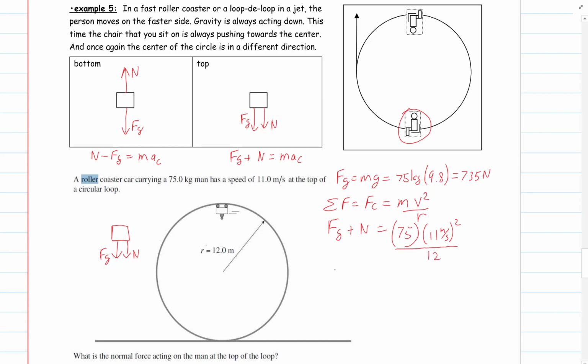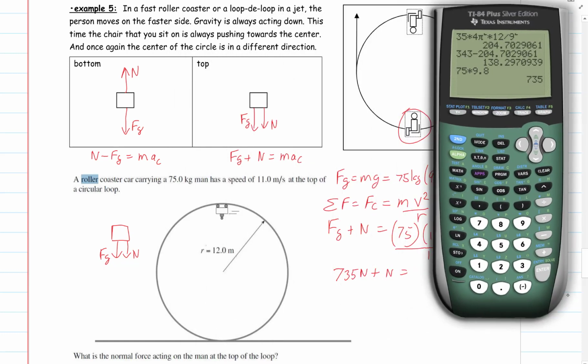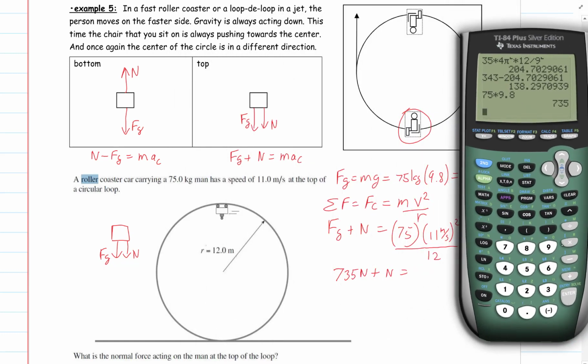So the force of gravity is 735 plus the normal is equal to, let's calculate what the centripetal force is. The net force is mv squared over r. So 75 times 11 squared divided by 12 is 756.25.